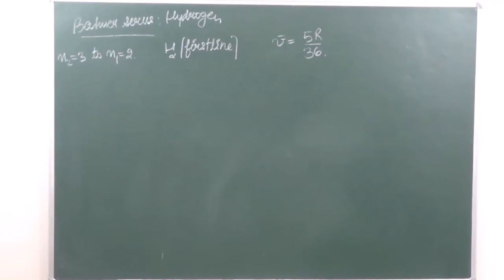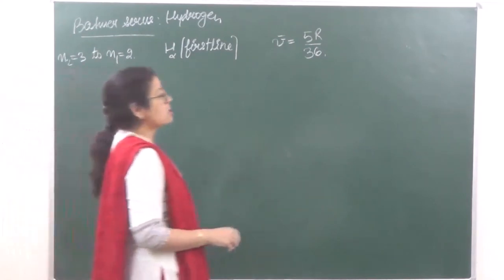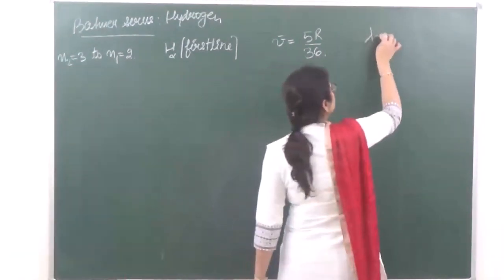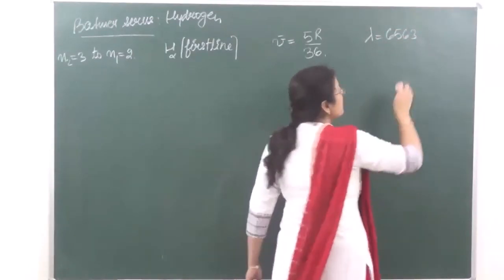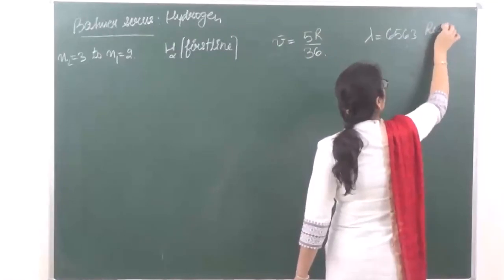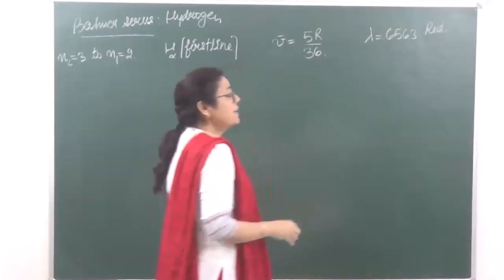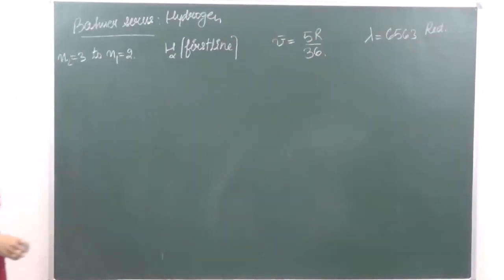Okay, and the lambda for this comes to approximately 6563, and the region in which it falls, it is the red region of the visible spectrum. So this table helps you to directly solve the questions for your MCQs rather than doing the entire calculation.